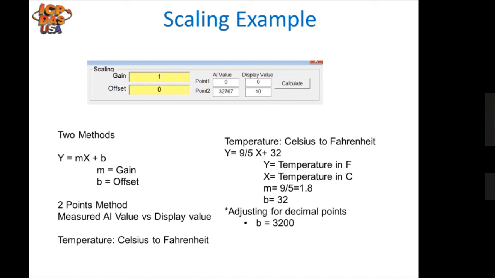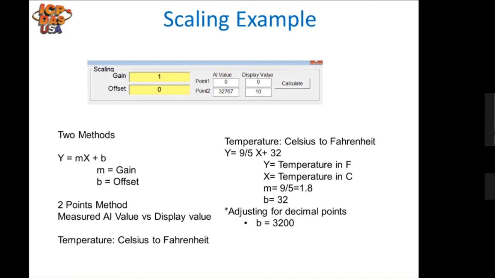Also with the 2-point method, if you have 2 known values at 2 different points, for temperature I'd use 0 degrees Celsius equals 32 degrees Fahrenheit, and 100 degrees Celsius equals 212 degrees Fahrenheit. And you could also calculate the same values.